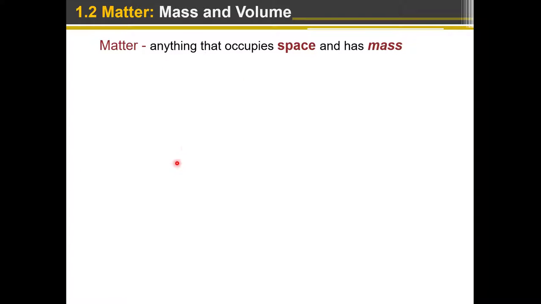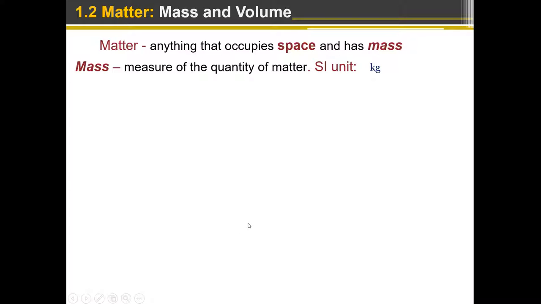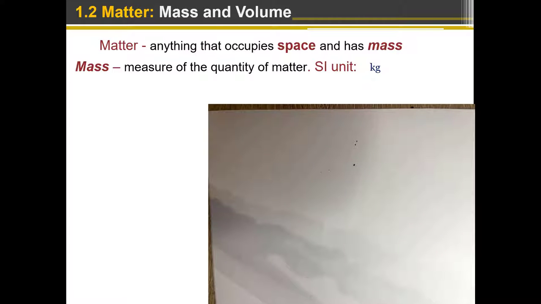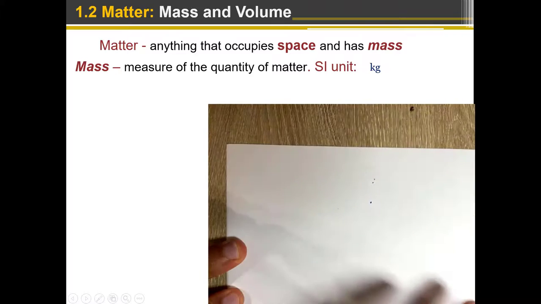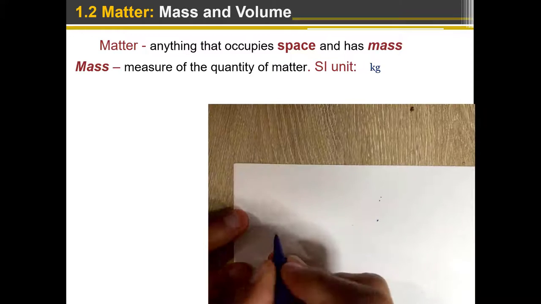So if we go back to the definition of matter as anything that occupies space and has mass, that introduces us to the first basic property. Mass is a measure of the quantity of matter, and the SI unit for that is kilogram. However, we typically use other units for mass in our calculations. First one is using the SI prefixes.